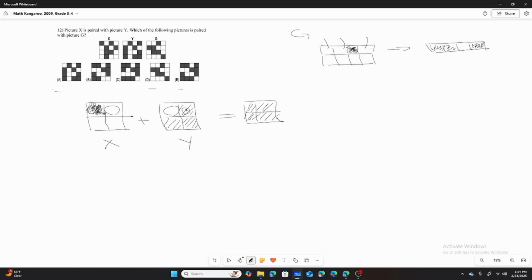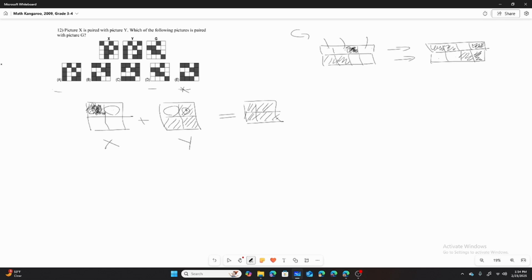In the G, these two are shaded. That means that the answer has to be, so if these two are shaded, then this has to be white, this has to be white, so this has to be black. So this eliminates E, right?